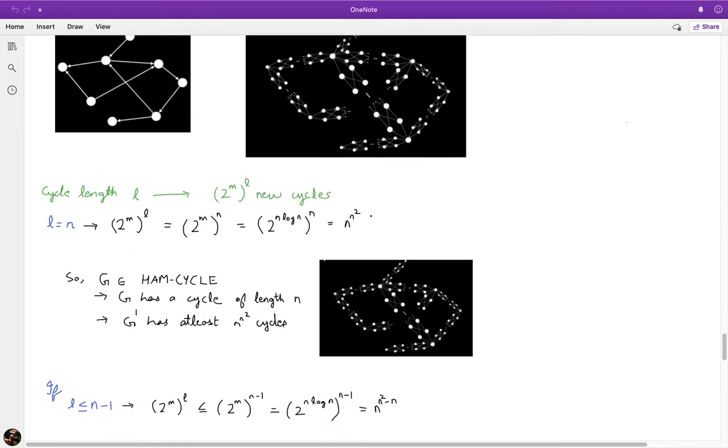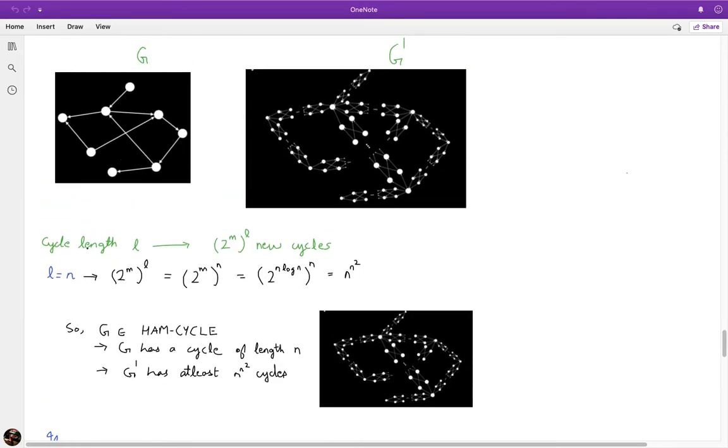And let's consider the graph G has a cycle of length L. This implies that the new cycles that are going to be added into G dash is 2 power m L. So 2 power m is the number of unique paths between u and v in the gadget, and since all of them are unique paths, each defines one cycle.